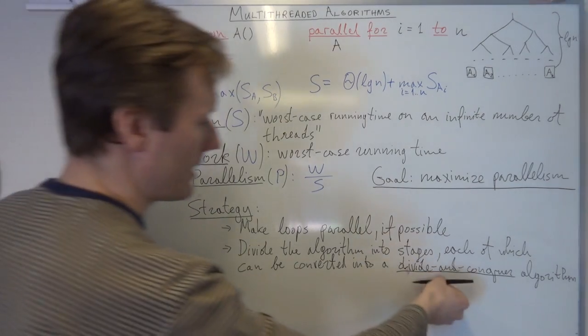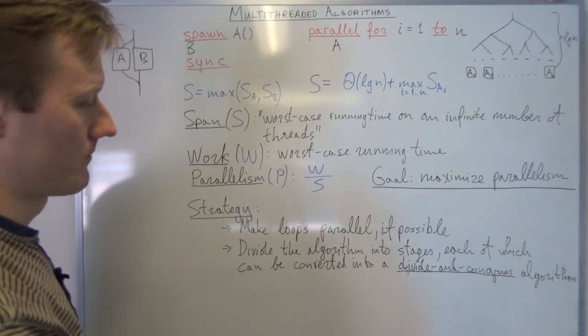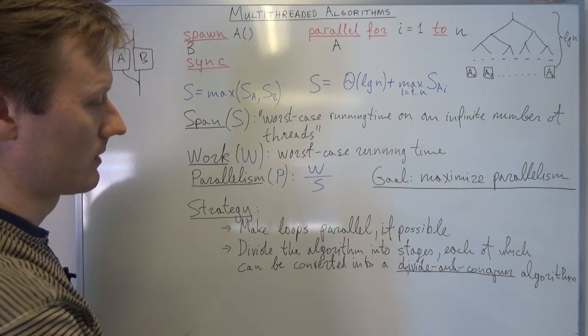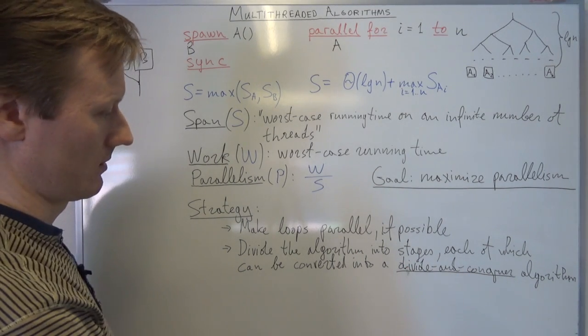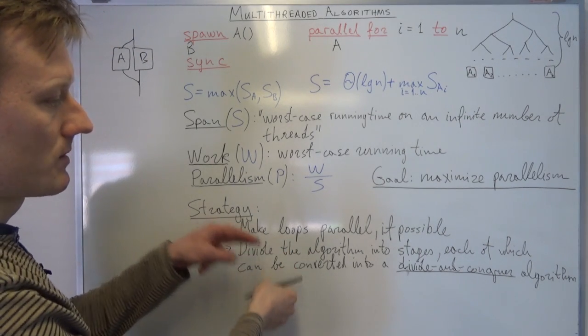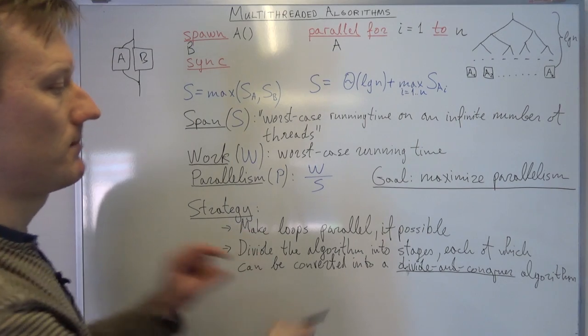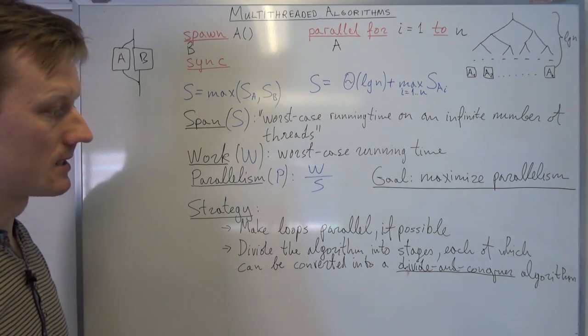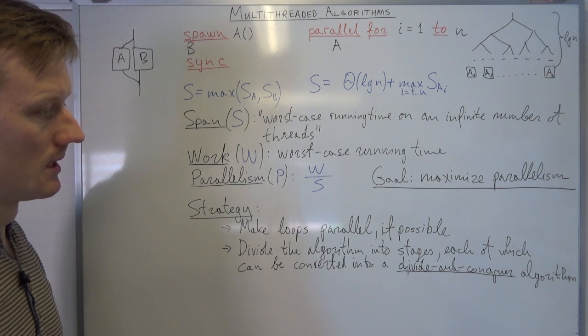That is actually the main strategy for creating parallel algorithms in this model. Make them divide and conquer. And if needed, maybe break the algorithm into stages so that each part can be made into a divide and conquer algorithm. So let's look at a simple example of how this works in practice.